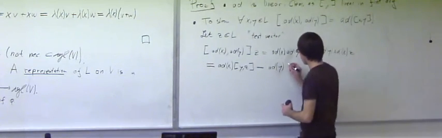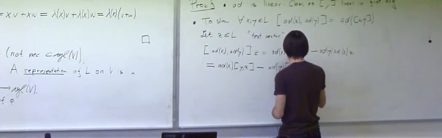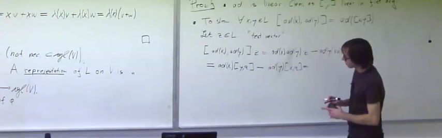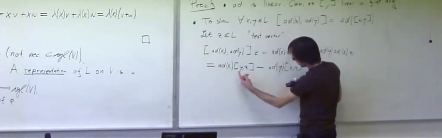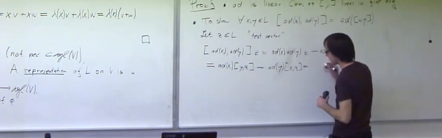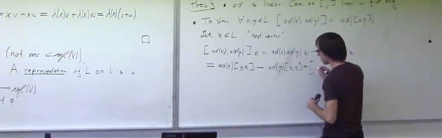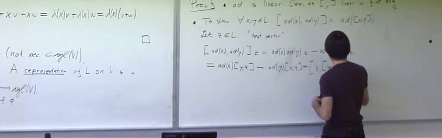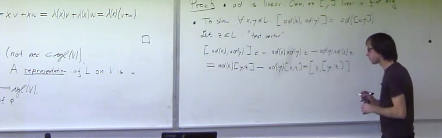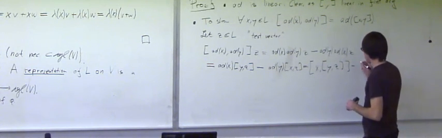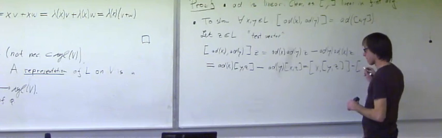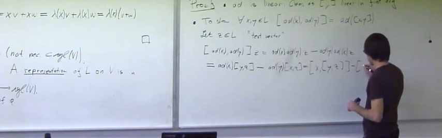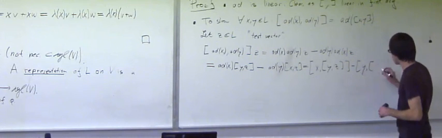So this is just the bracket [x, z]. So now I changed the second ad into the bracket notation. So that's [x,[y, z]] minus [y,[x, z]].